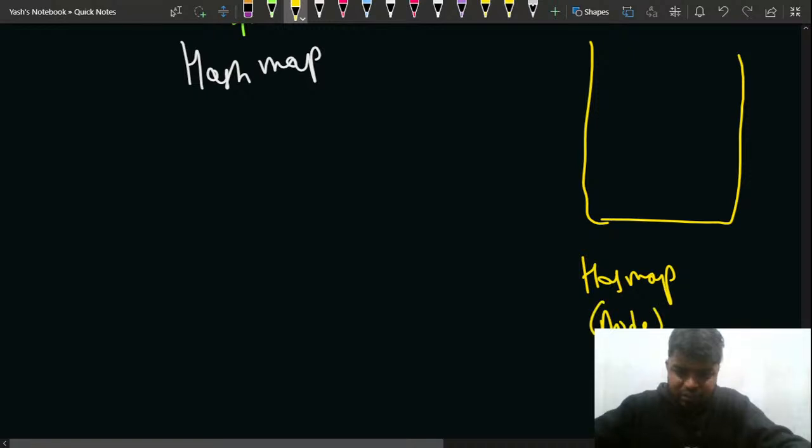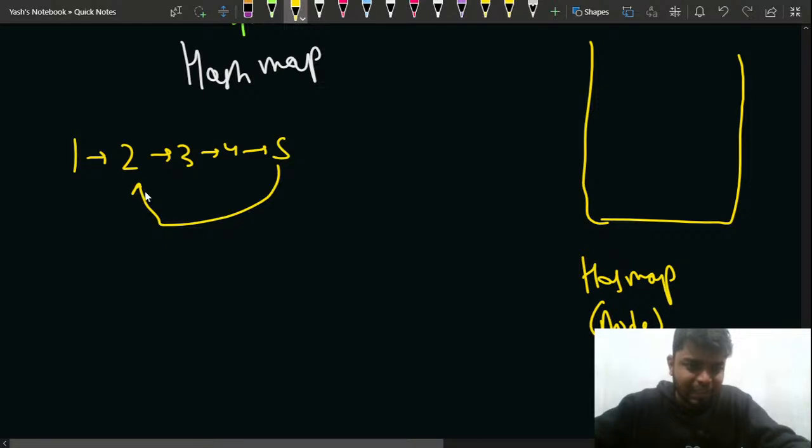If a node is present, you will mark it as true or as 1, indicating that it's present. Let's say you are traversing 1, 2, 3, 4, then 5, and 5 is connected to 2, like this. In this particular question, you will apply the concept of hashing.